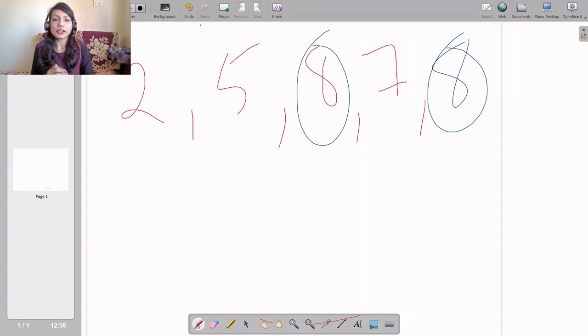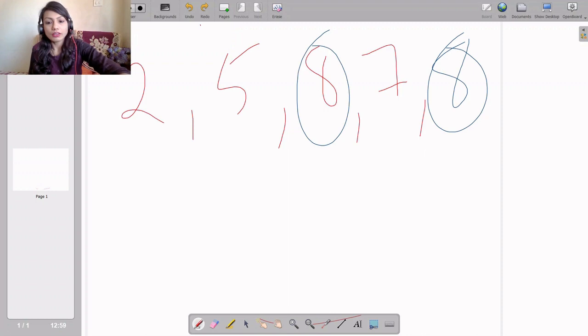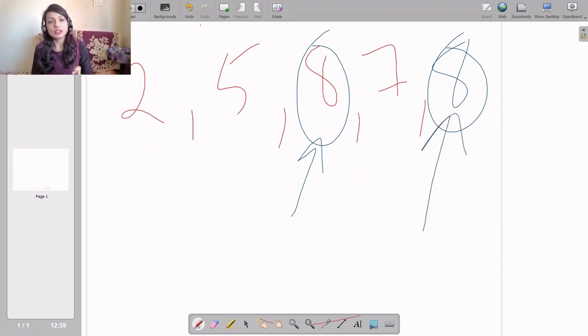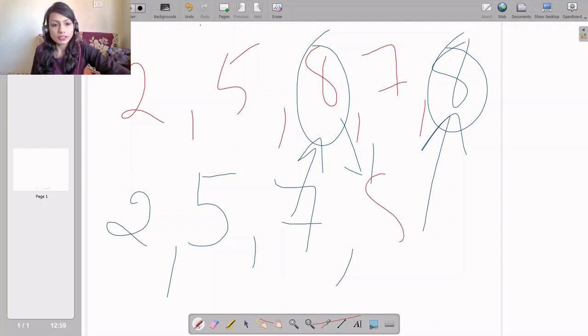When sorting in ascending order, we have to make sure that the first 8 stays in the first position compared to the second 8. So when we sort, what will be the answer? 2, then 5, then 7, then this first 8, then we write this other 8.